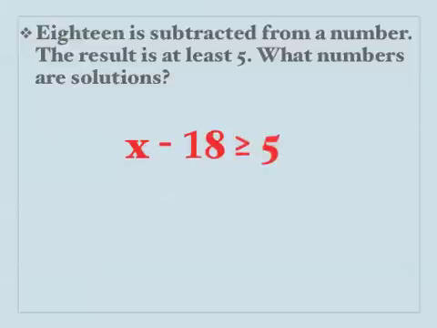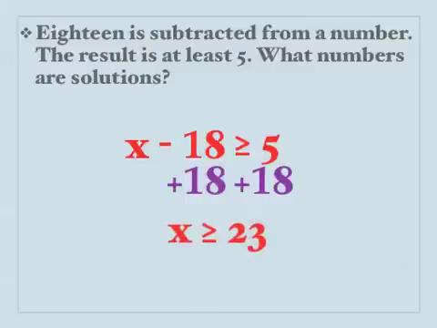That means 5 is the lowest it can be, or it could be higher than that. Then it asks me what numbers are solutions. In order to find that, I need to solve for x, which means I need to get rid of the subtracting 18 by adding 18 to both sides. When you add 18 to both sides, your 18s cancel out and you're left with x is greater than 23.